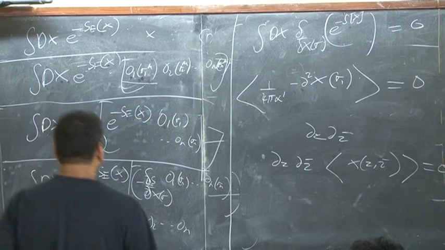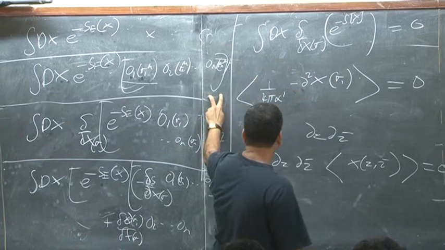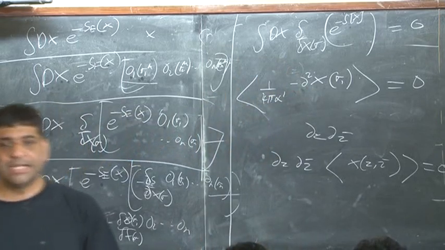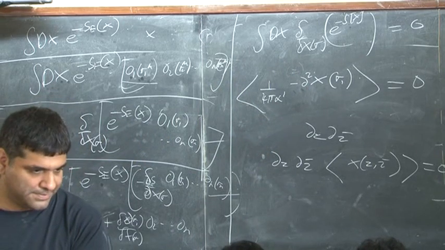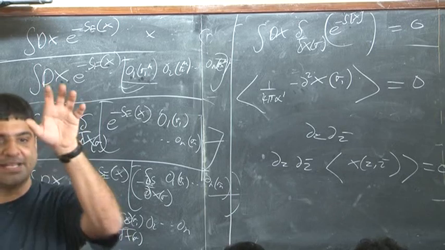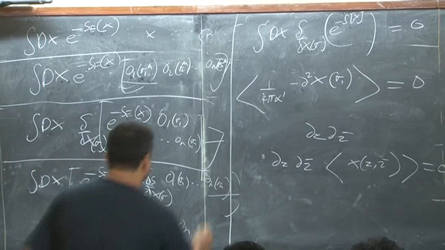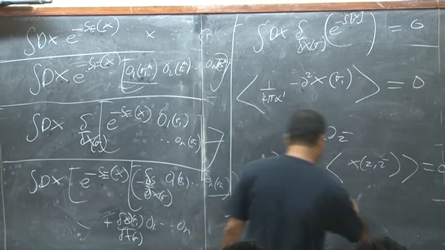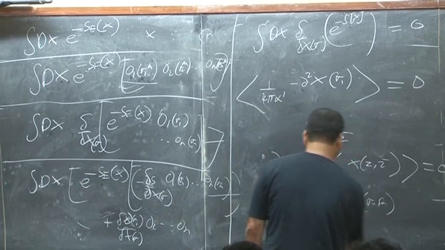Notice that I can freely take del squares outside the expectation value. Because what does the expectation value of a derivative mean? It means expectation value of x of sigma minus x of sigma minus delta sigma, divided by delta sigma.